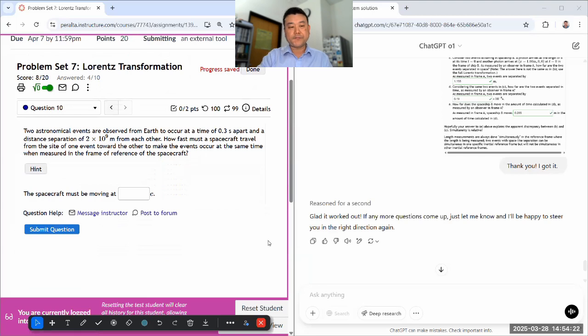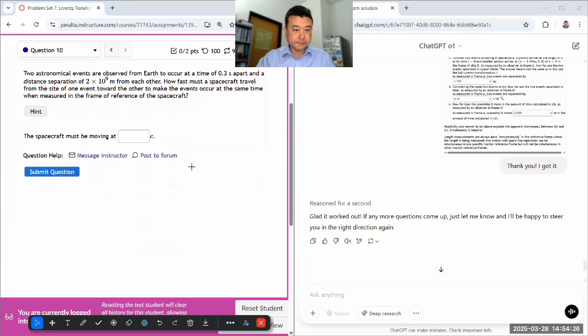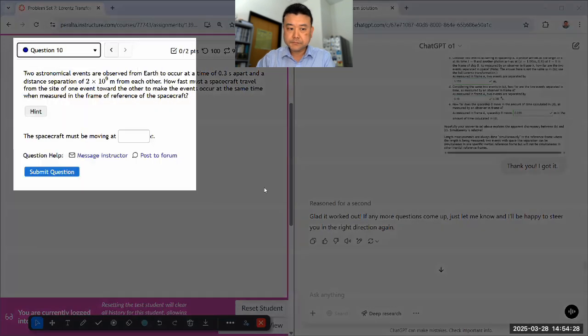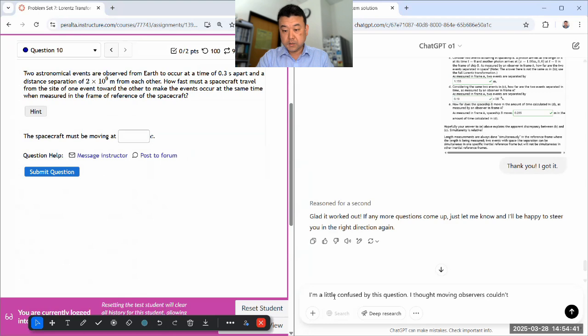So I will feign confusion. I'm a little confused by this question. I thought moving observers couldn't see simultaneous events.